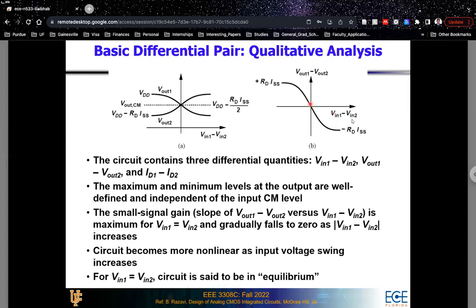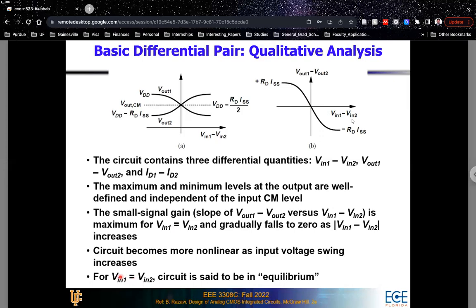But in a very small range, when your input voltage change is small, you can assume that the slope of this curve is constant, which means the gain is constant. And that's why we talk about small signal models, that your input needs to be small for your gain to be constant. If your input is large, your gain will not be constant, and any of your small signal analysis or your AC analysis will not remain exactly true. And that's the reason why we call it the small signal analysis.